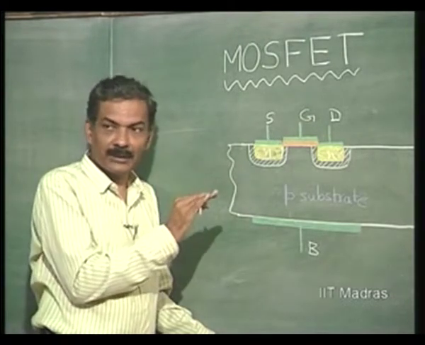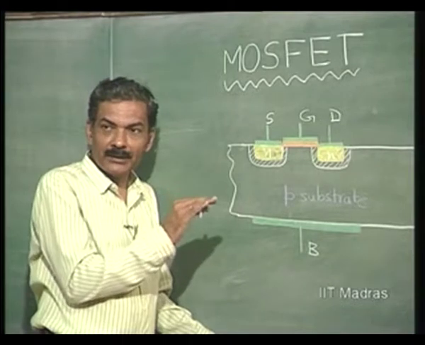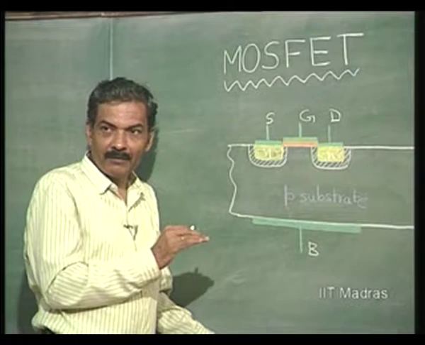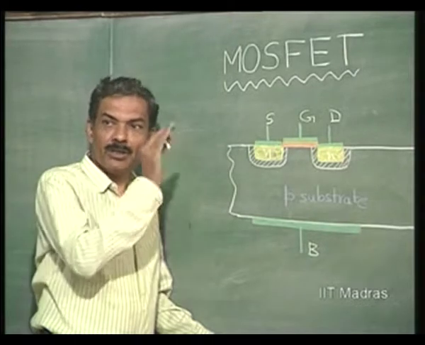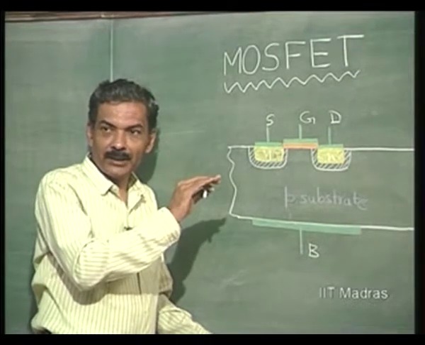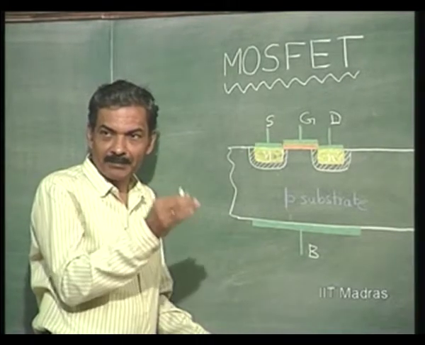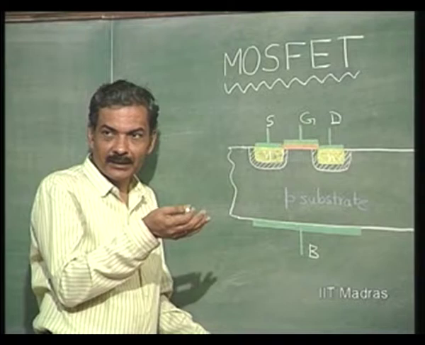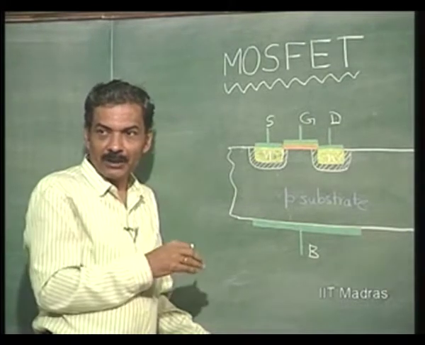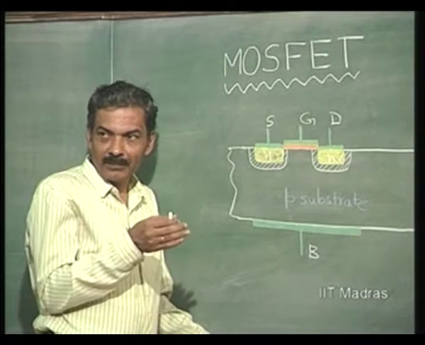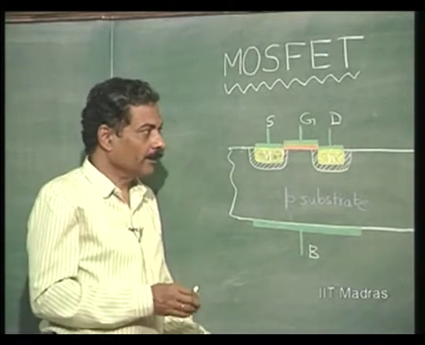So, please remember that, because in all these ICs we have a substrate, and depending upon the type of substrate we are connecting it either to the most positive potential, okay, or most negative potential. If it is n type substrate you are starting with, then it is connected to the most positive potential. If it is p type substrate, it is connected to the most negative potential.